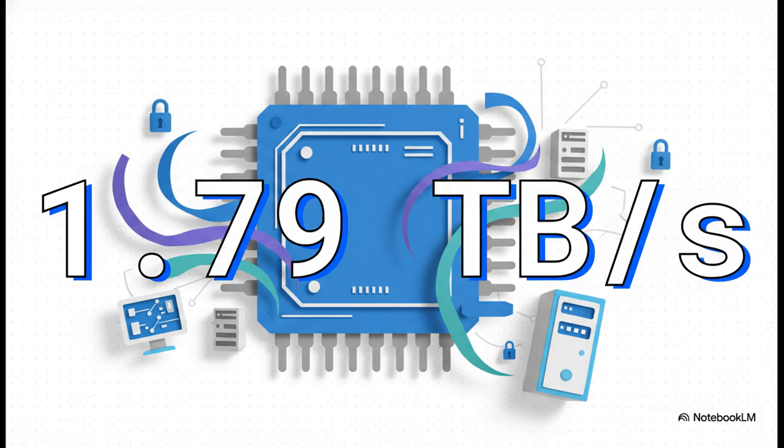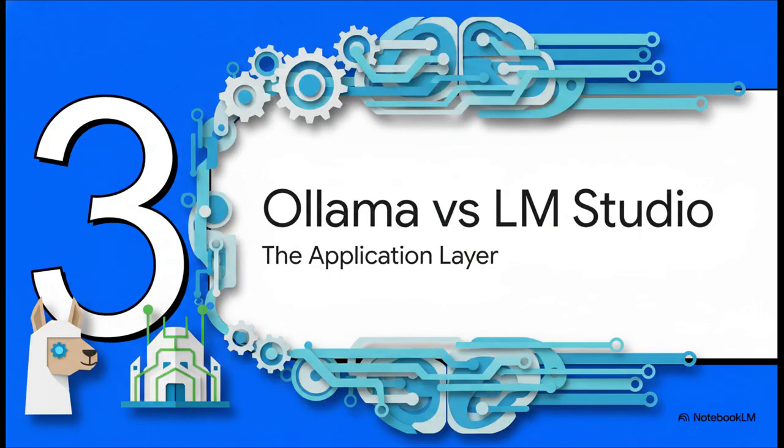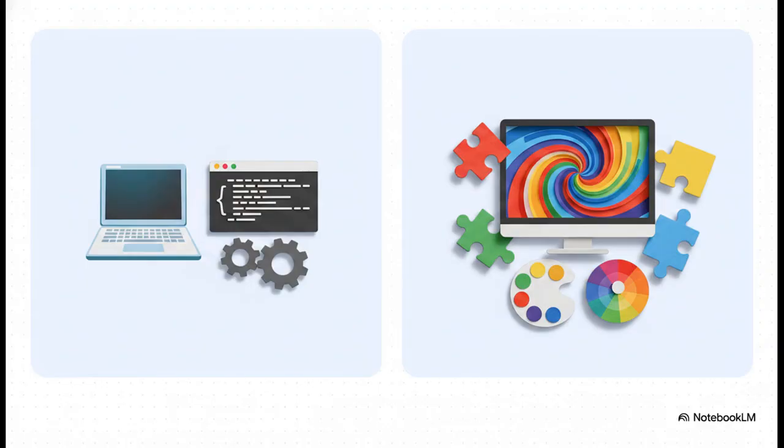Because of that efficiency leap, you can now run highly advanced, modern open weights models like Llama 3 or Qwen 3 entirely locally. Okay, let's jump up the stack to Section 3, Ollama versus LM Studio at the application layer. So you've got the hardware, but what about the software actually orchestrating these local AI brains?